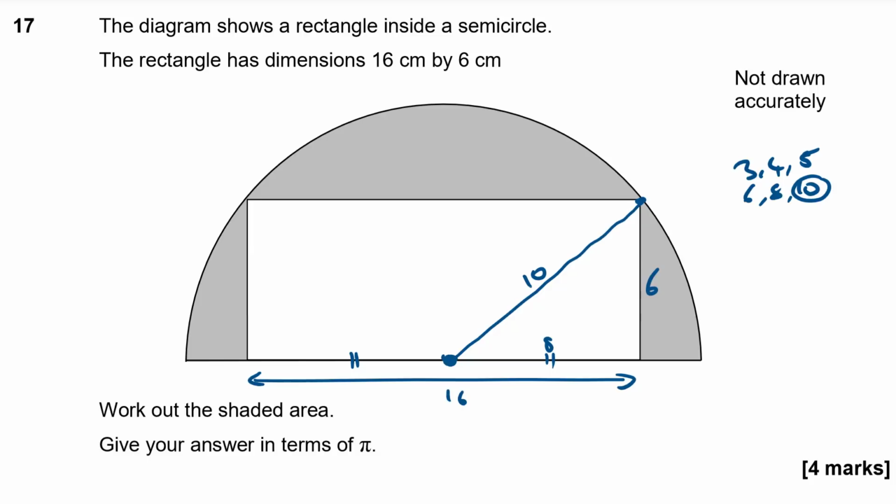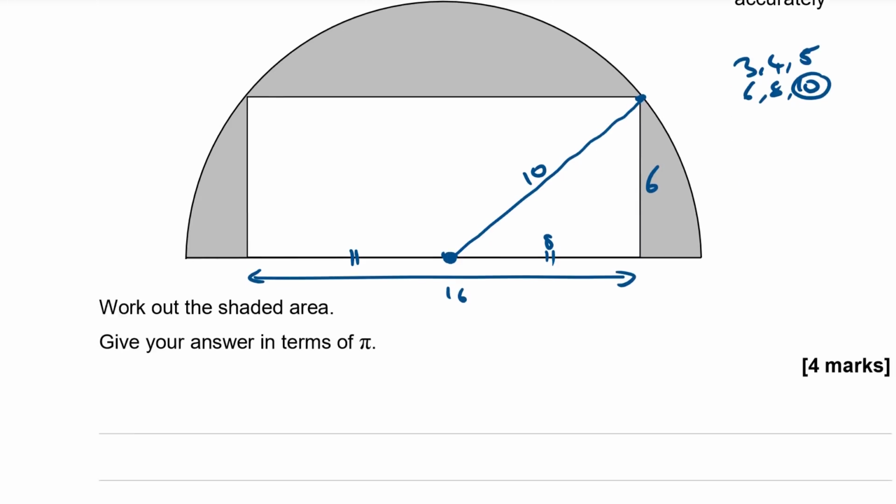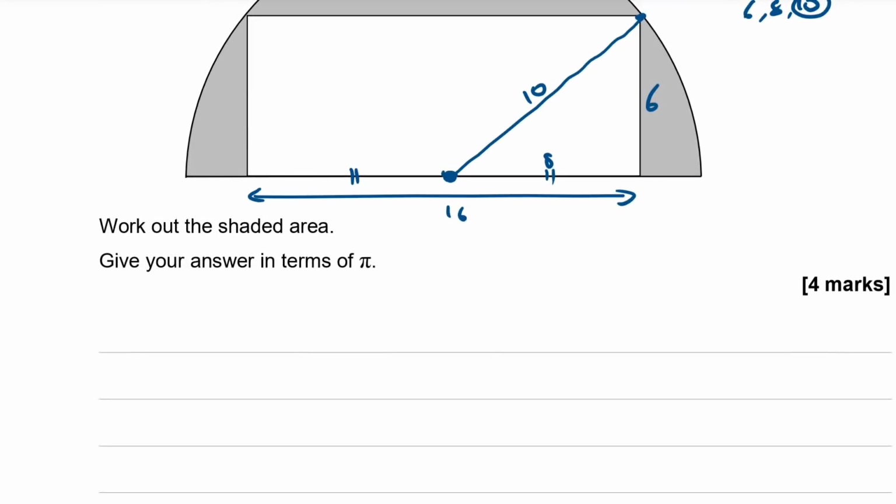Okay, so now we know the radius of the circle. It's fairly straightforward to work out the rest. So our shaded area is going to be the area of the semicircle subtract the area of the rectangle.